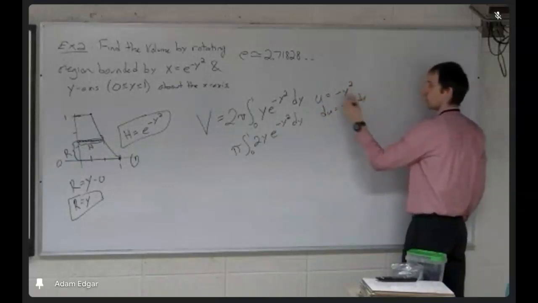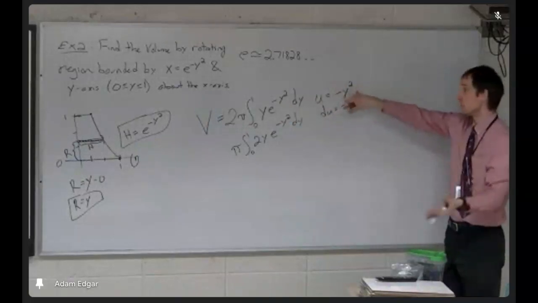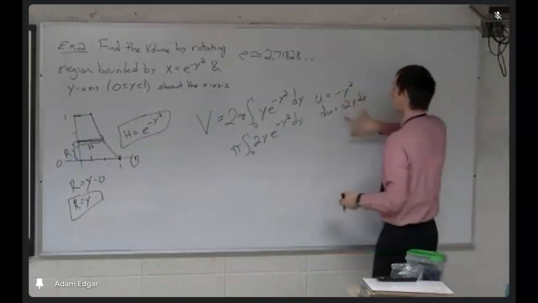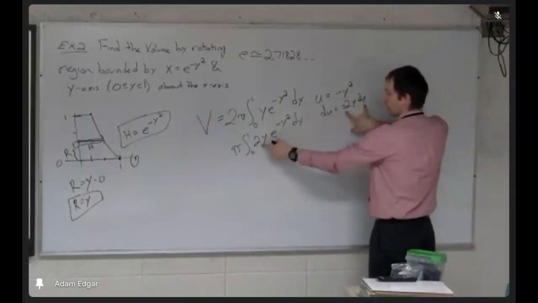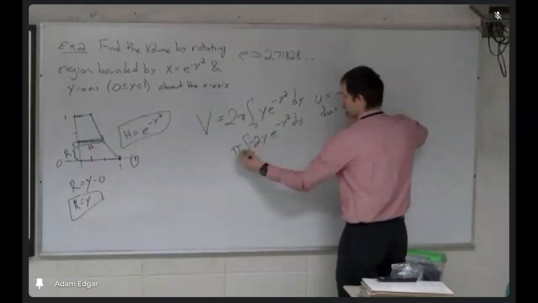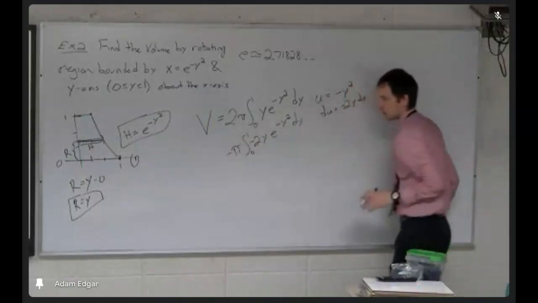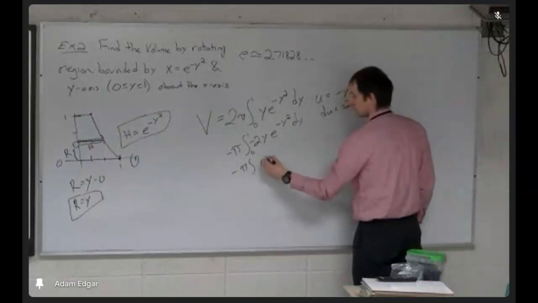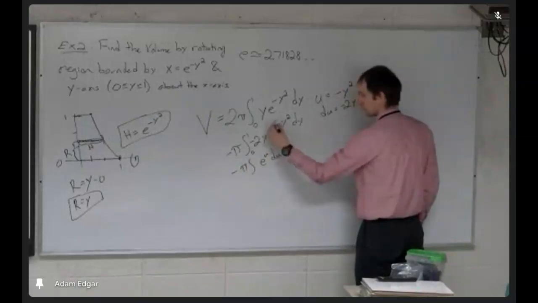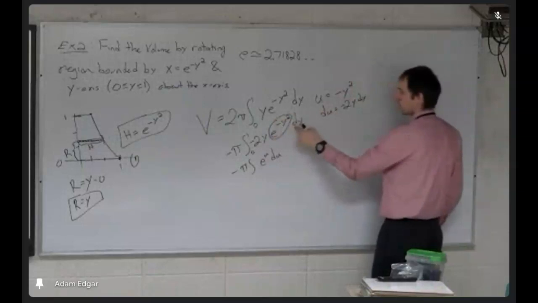So when you have an exponential function, go ahead and let the exponent be your u, and then differentiate that, and you can say, oh, this is almost the same, I just need a negative, right? Negative, negative. Keep things fair and balanced, so throw a negative inside and outside. And so we can say this is negative pi integral of e to the u du, right? So this whole thing is e to the u, and then negative 2y dy is du.